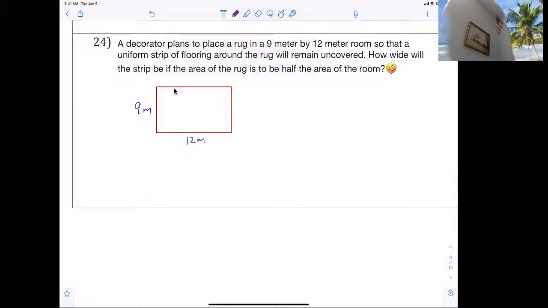Now I'm going to place a rug in the room. So I'm just physically going to place a rug in the room. So here goes my rug. The problem says that it'll be uniform. What do you think uniform means?